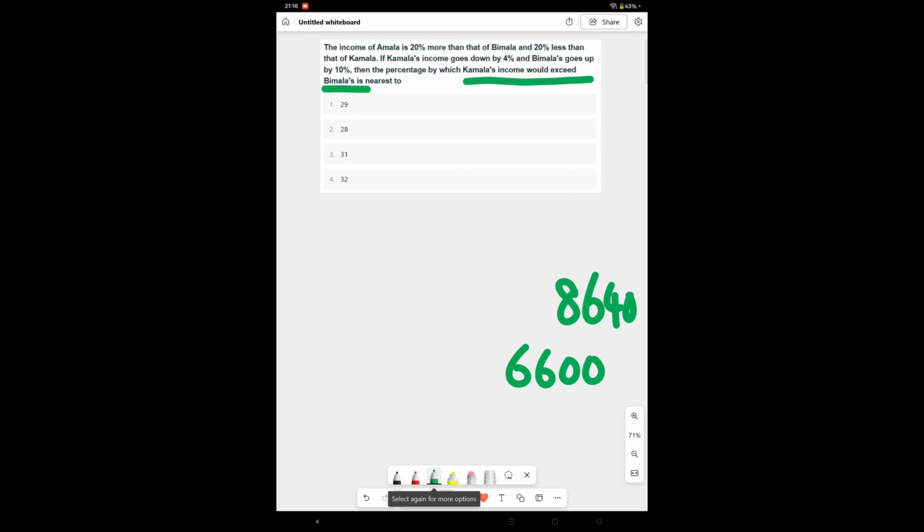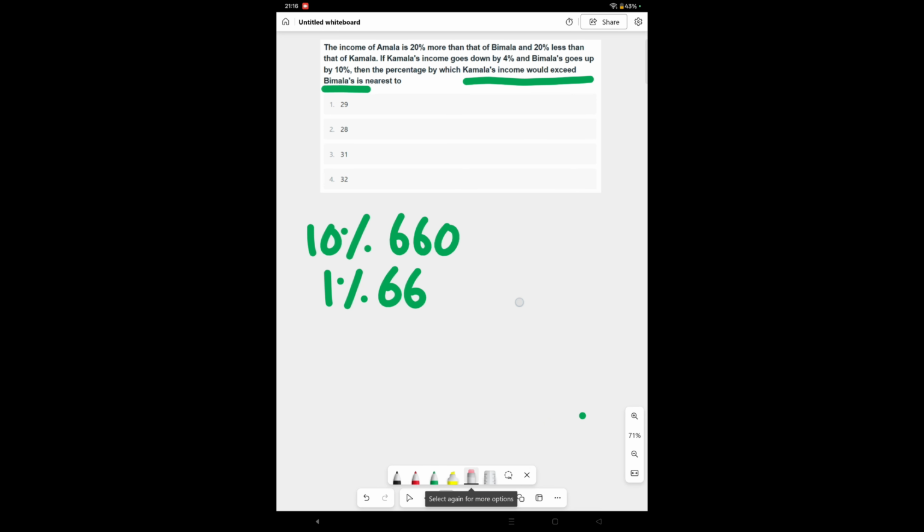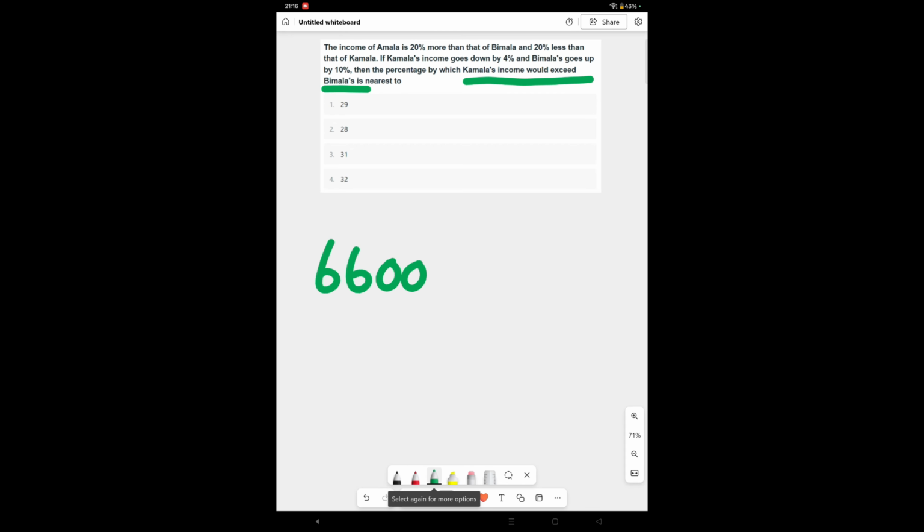Bimala's salary is 6,600. This is your 100%. So you very well know 10% is 660, 1% is 66. Find the gap between Bimala and Kamala. So Kamala is 2,040 more.